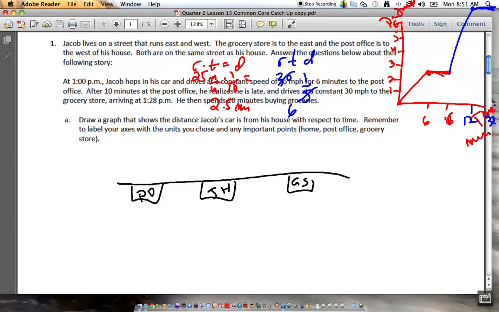Then he goes for 10 minutes and does nothing. Then he drives at a faster rate of speed, which means that the slope is greater because the rate of change is greater. And that speed would be 30 miles per hour. And then up here at the top, he just hangs out for 20 minutes. Okay? Questions?